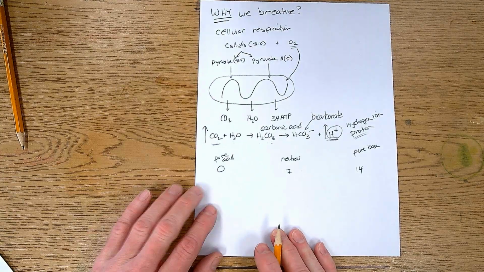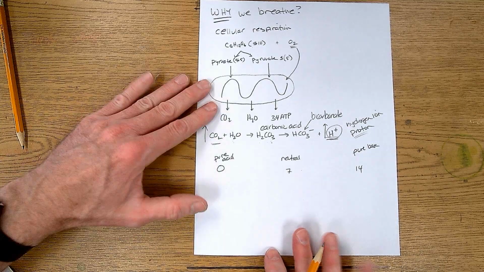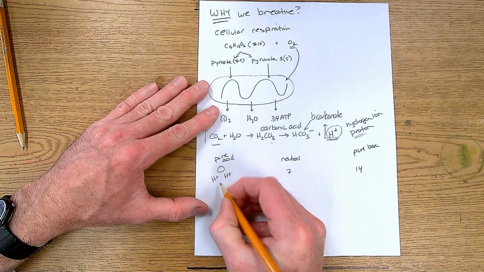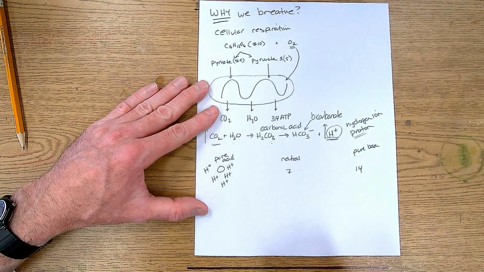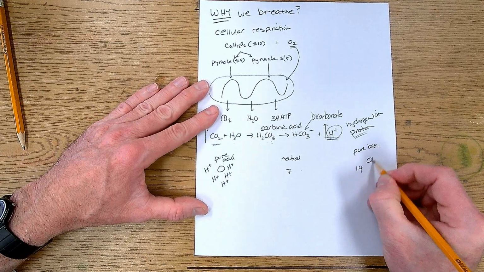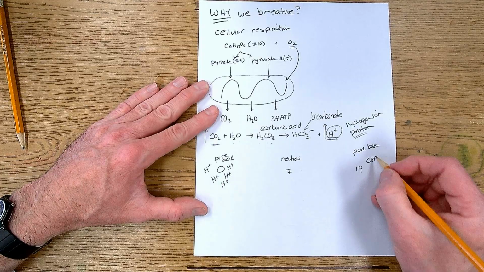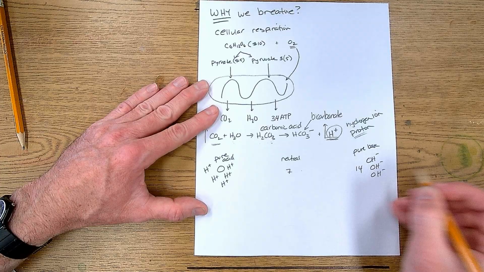It's a measurement of acidity or alkalinity. Pure acids tend to have a whole lot of H pluses. Pure bases have a lot of OH minuses. These guys are cations, and these guys are anions.